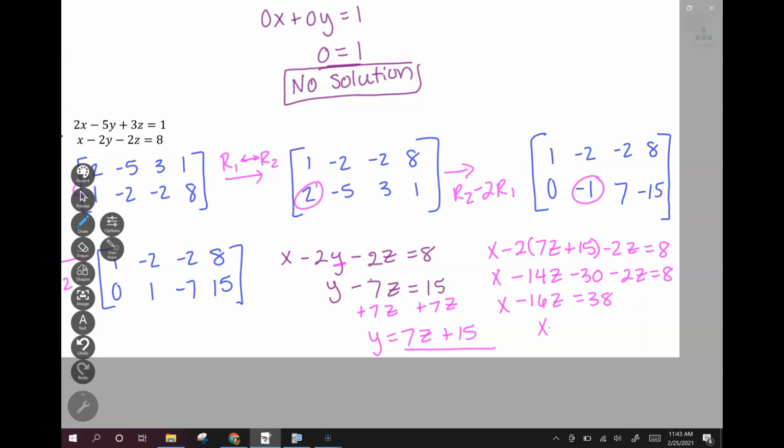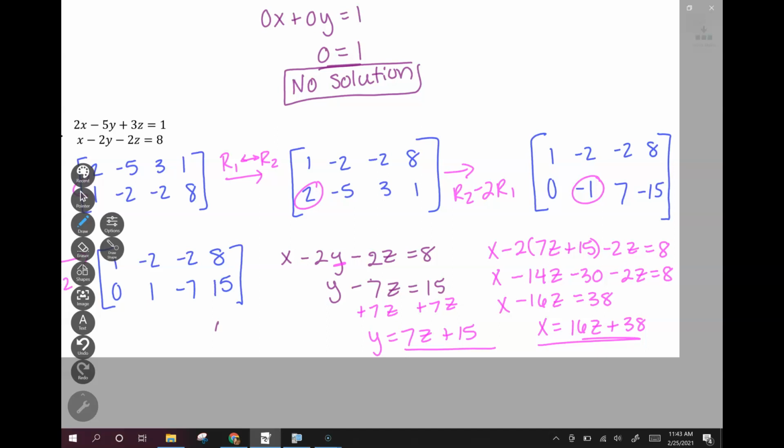Now to get x by itself, I'm just going to add the 16z over. Okay, so now I have x equals 16z plus 38, y equals 7z plus 15, and z is just going to equal z. So let's write our answer.